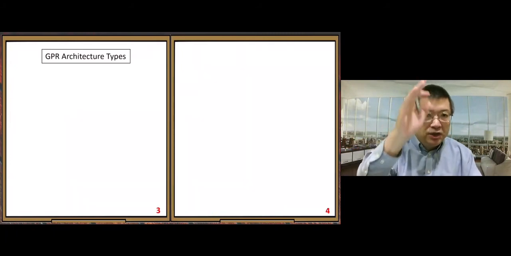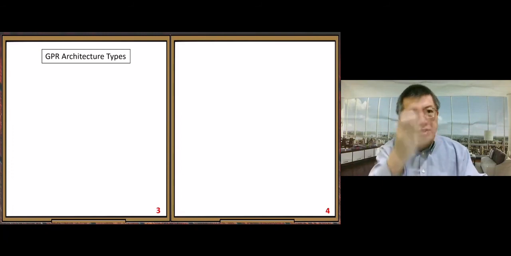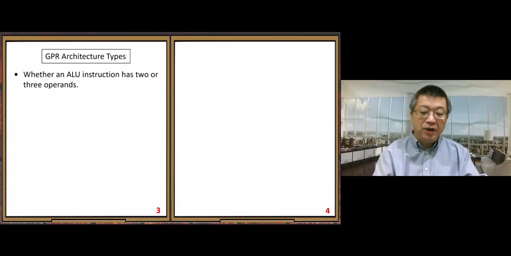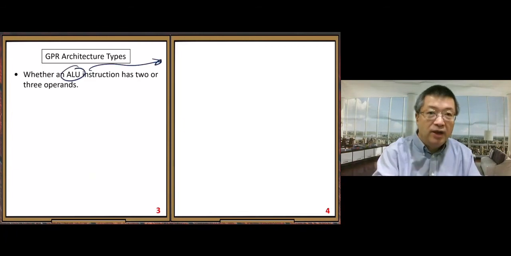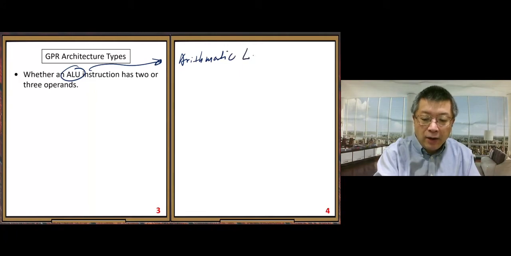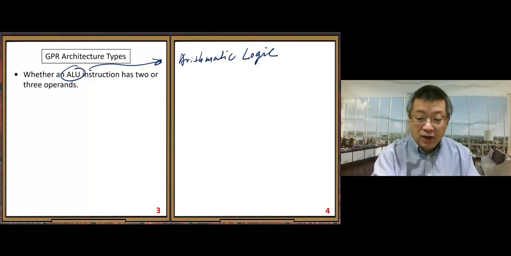GPR architecture types. There are several factors, aspects when we talk about GPR architectures. Whether an ALU instruction, ALU meaning arithmetic logic unit, with logic operations like and, or, not.